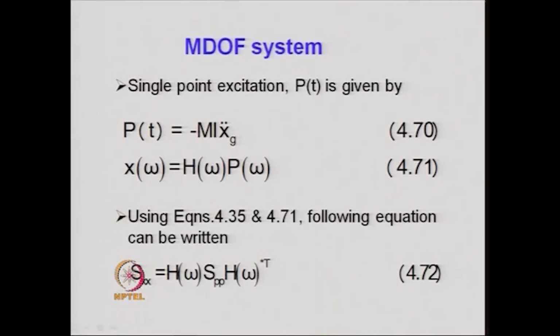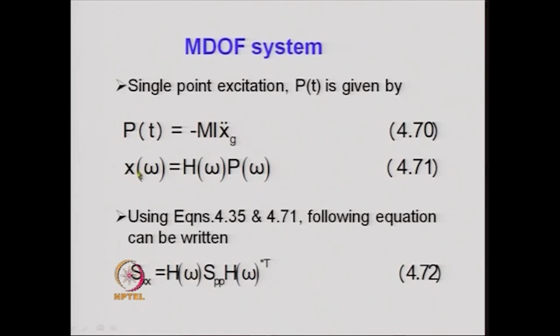X omega we can write down to be equal to H omega matrix multiplied by P omega, that is what we have just discussed, where H omega is the frequency response function matrix for the multi-degree of freedom system, and P omega is the frequency content vector of the excitation Pt, and X omega is the frequency contents of the response.